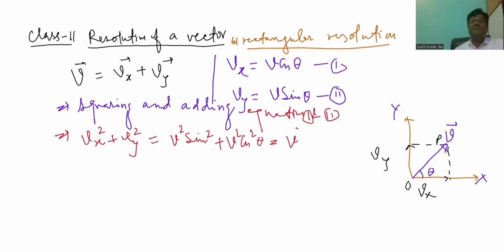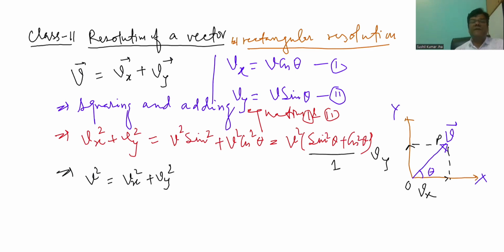So it is sin square theta plus cos square theta. Now we know sin square theta plus cos square theta is 1. This is 1. So we get V square as Vx square plus Vy square. Therefore, V can be Vx square plus Vy square under root.